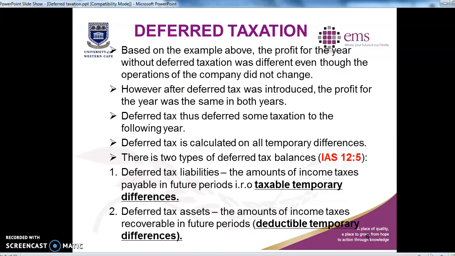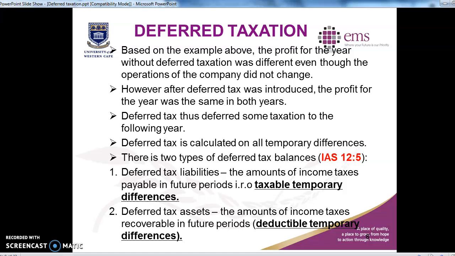Okay, so based on the example above, the profit for the year without deferred taxation was different, even though the operations of the company did not change, right? In both years, we had a profit before tax of 50,000. So after deferred tax was introduced, the profit for the year was then the same in both years. So the deferred tax deferred some taxation to the following year.